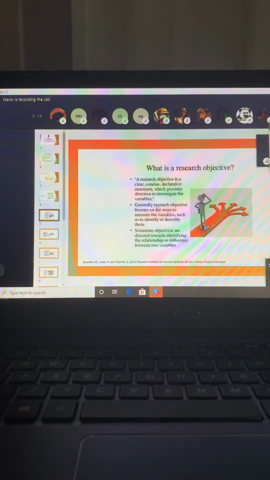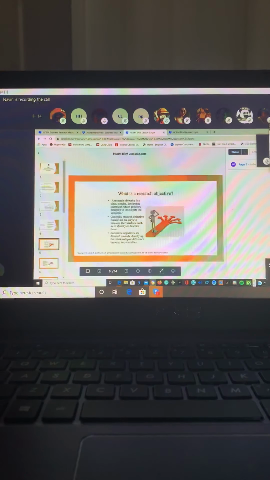If you look here, the research objective always focuses on measuring the variables. I repeat, it focuses on measuring the variables. Maybe I go back to the whiteboard.